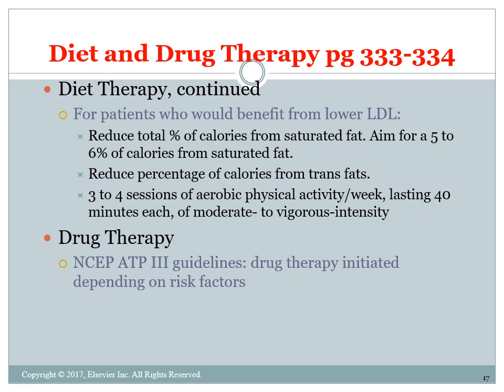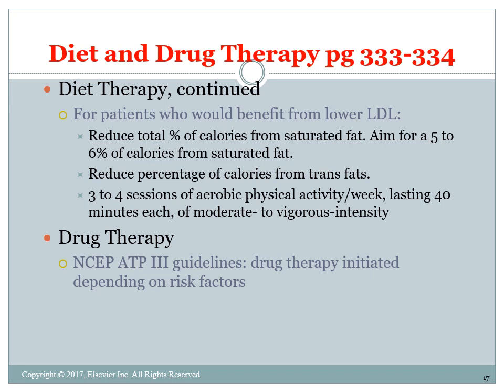So the greatest proportion of dietary fatty acids should be unsaturated. So I'll repeat that. The greatest proportion of dietary fatty acids should be unsaturated. So we want to reduce percentages of calories from trans fat. 3 to 4 sessions of aerobic physical activity per week, lasting 40 minutes each of moderate to vigorous intensity. Remember, this is going to be different for your patients.